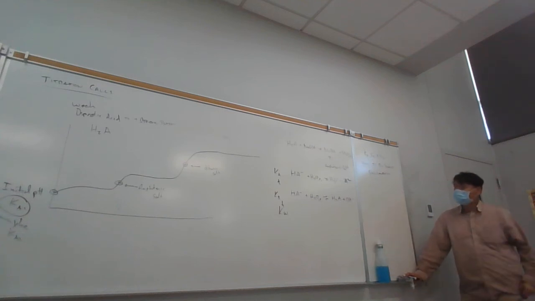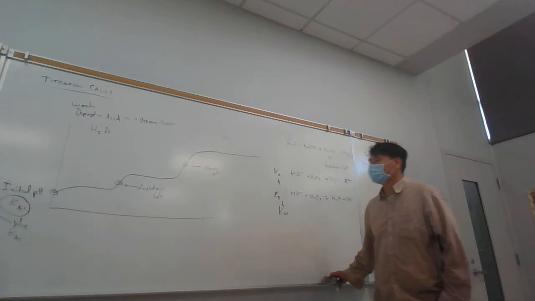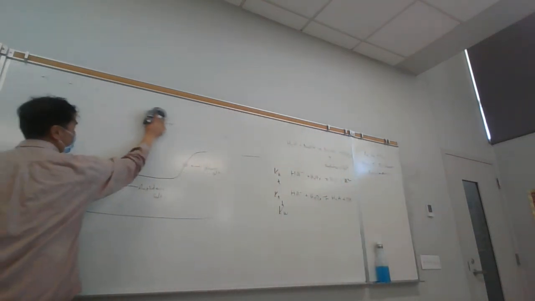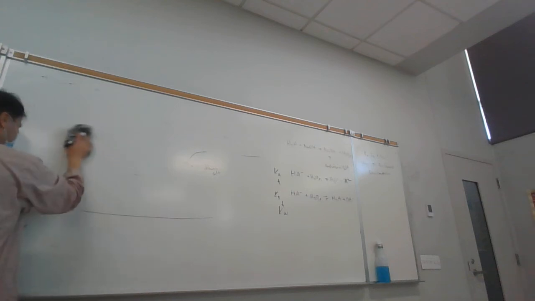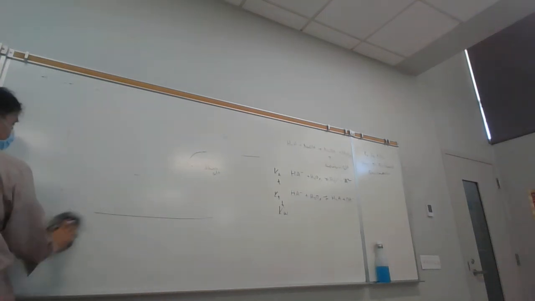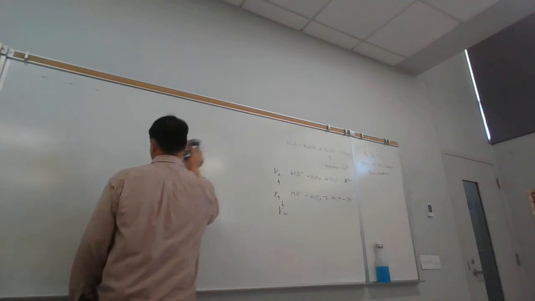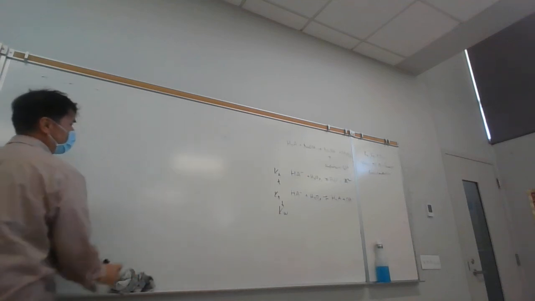So this becomes very difficult. But there are some things that simplify this simultaneous solution. One of the things that simplifies it is that the acid and the base are the same.